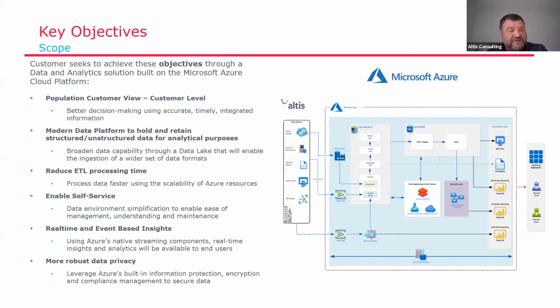Maybe you need to get some real-time elements in there, or these days much more around ensuring good data privacy, making sure that only the people who should look at that data are accessing it and doing things with it in the right way, and you've got auditability around it.